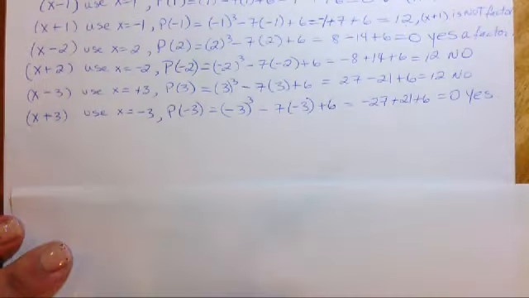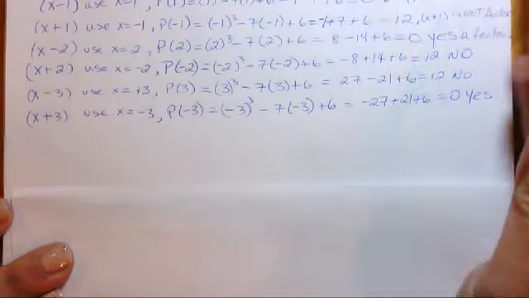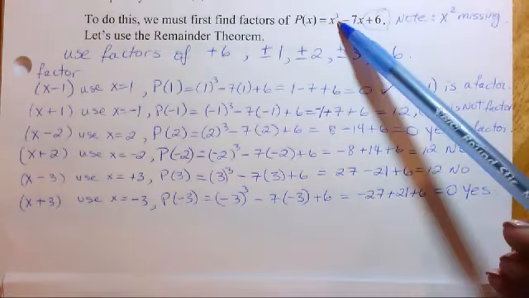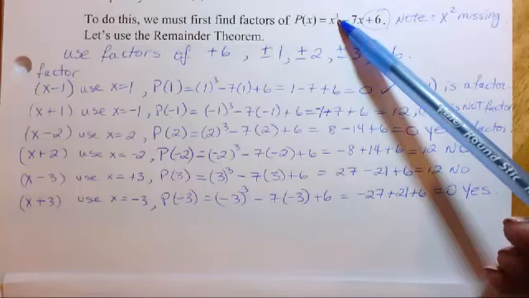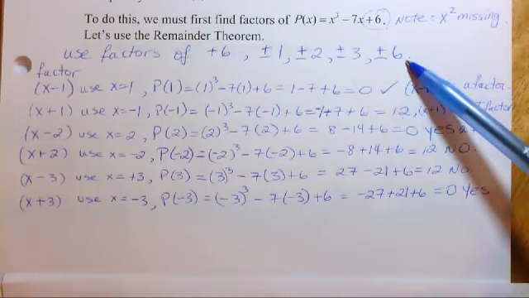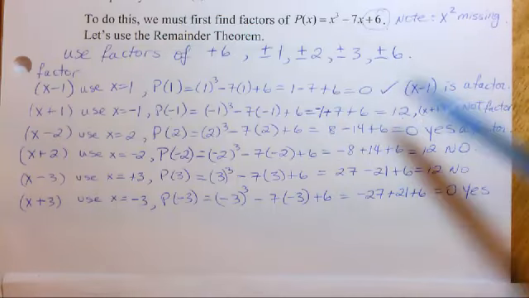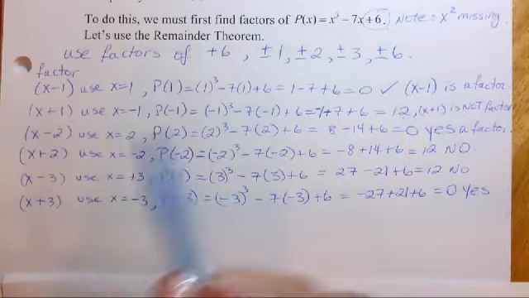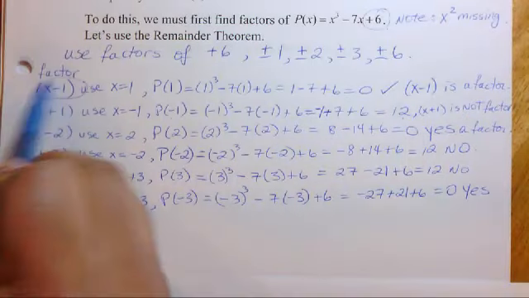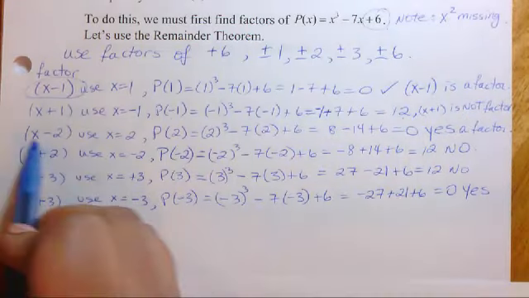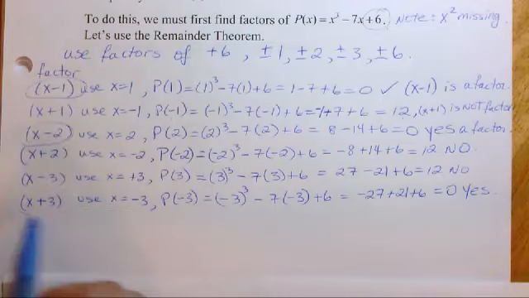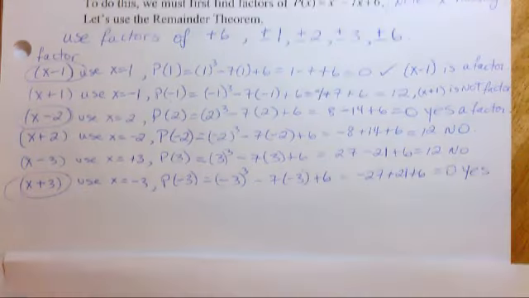So then you notice that this is a cubic at the beginning. Here, this is a cubic. So at most it can have 3 factors. I'm not even going to bother figuring out this plus minus 6 because I've already found my 3. I found this one right here, and this one here, and that one there.